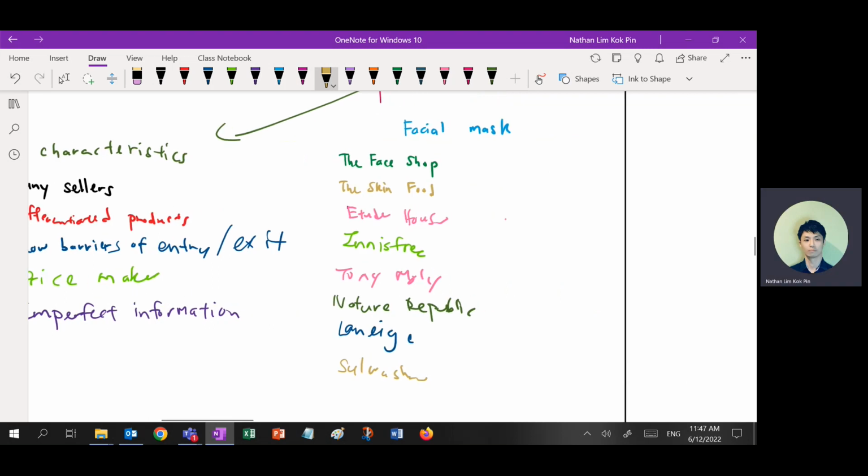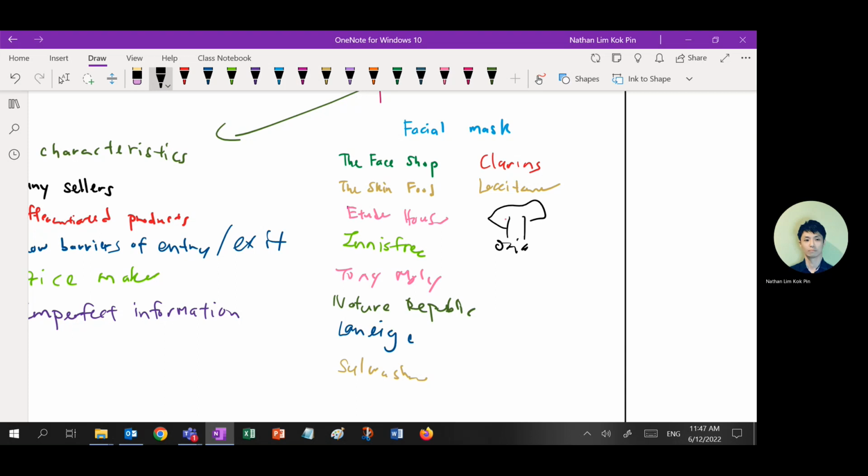For the US, we have Clarins, right? We have L'Occitane, where you can recycle your shampoo bottles. We have Origins.